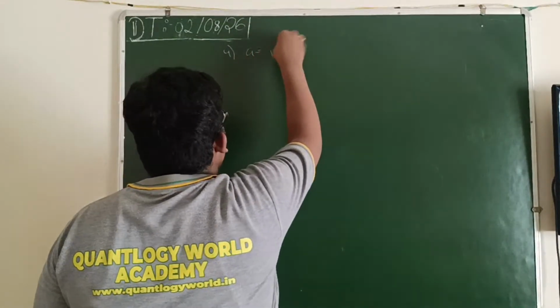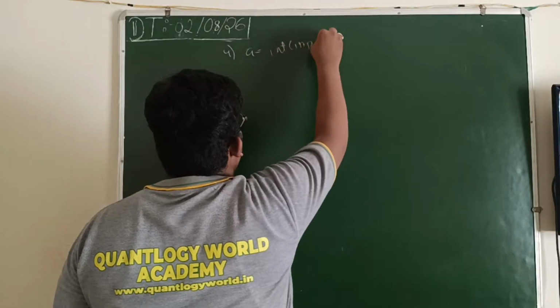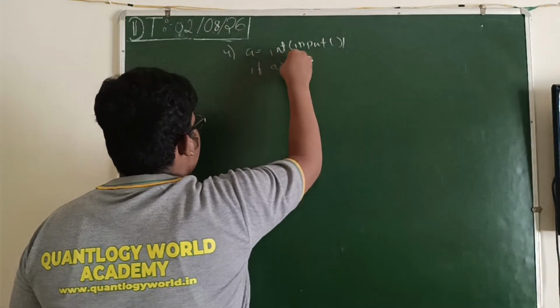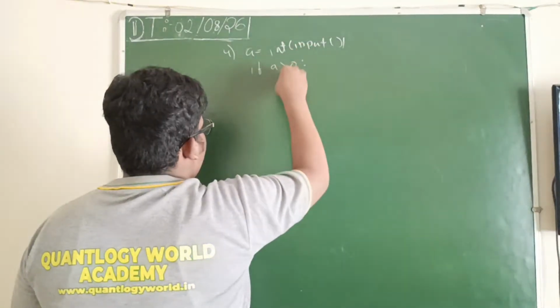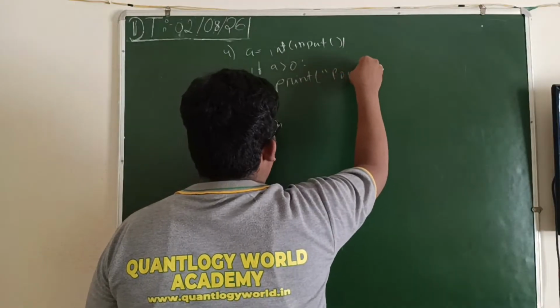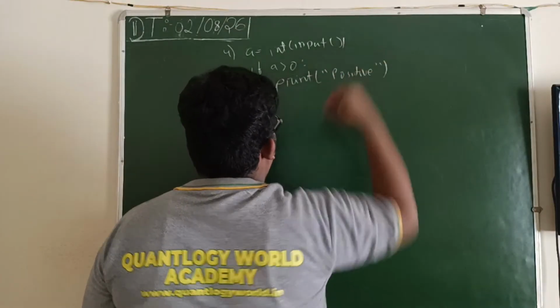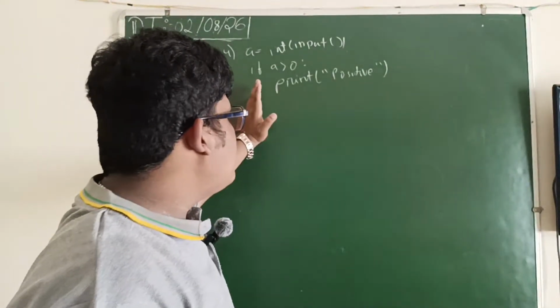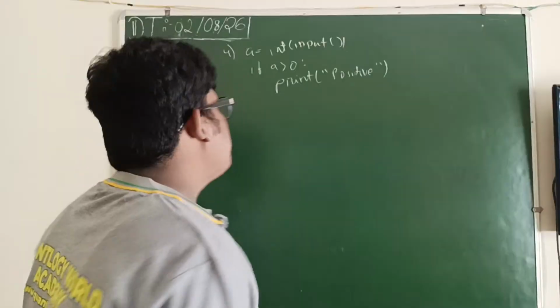A equal to int input. If A greater than 0, then we will print positive. As positive numbers are greater than 0, we write the condition as if A greater than 0, then print positive.